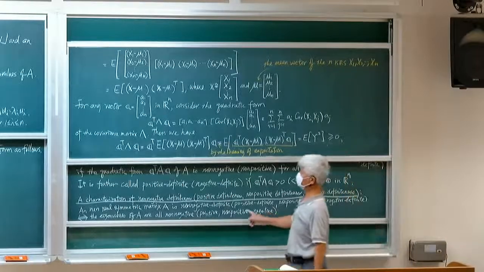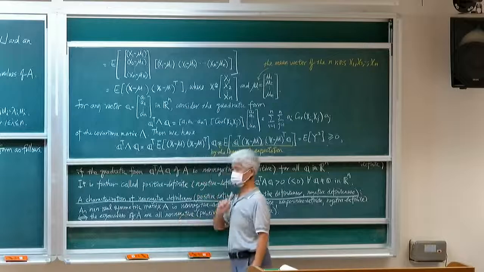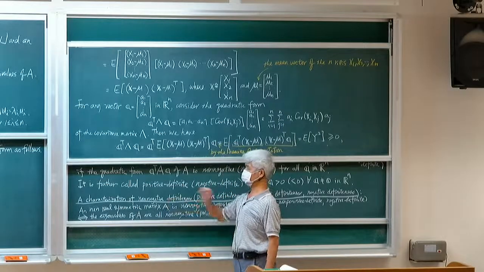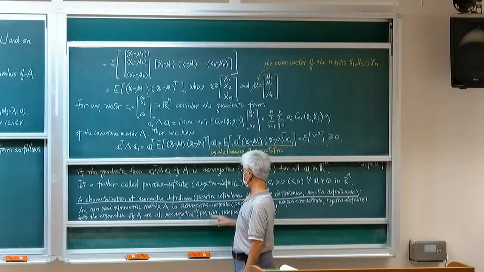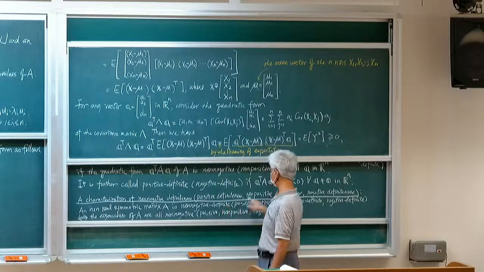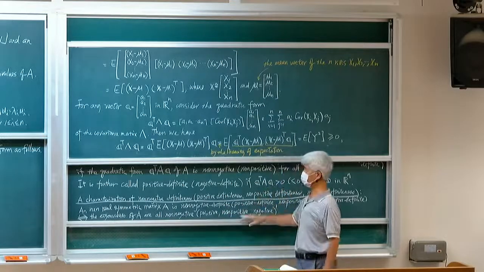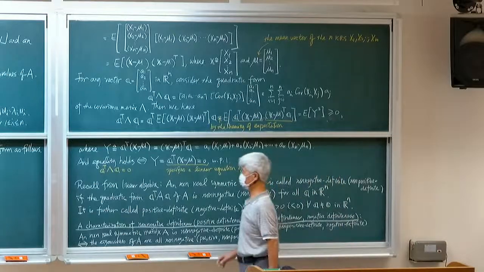And you check if all the eigenvalues of A are non-negative, then this matrix A is non-negative definite. If all eigenvalues are positive, then this matrix is positive definite, etc. Okay, so that would be an easy categorization.